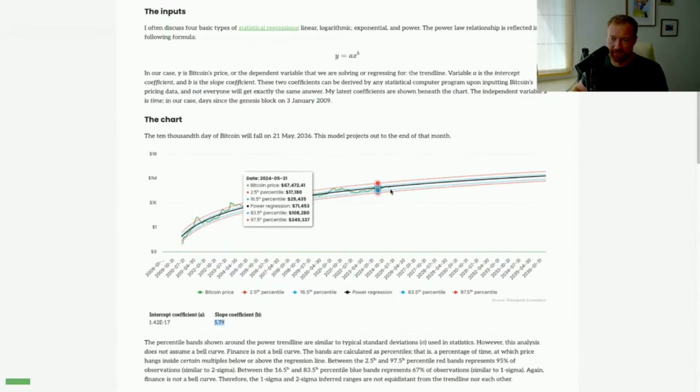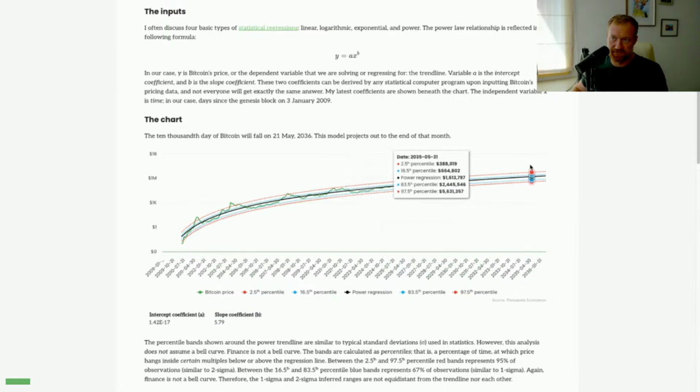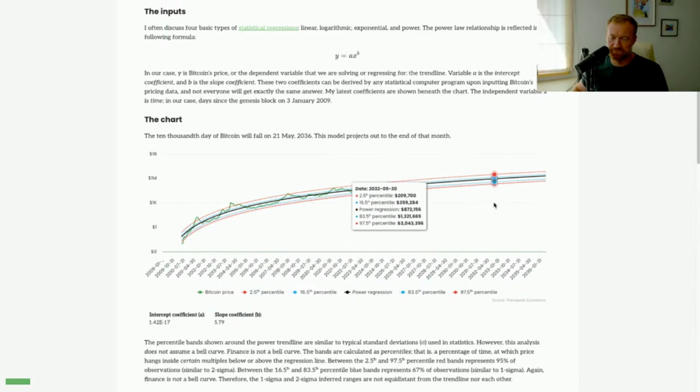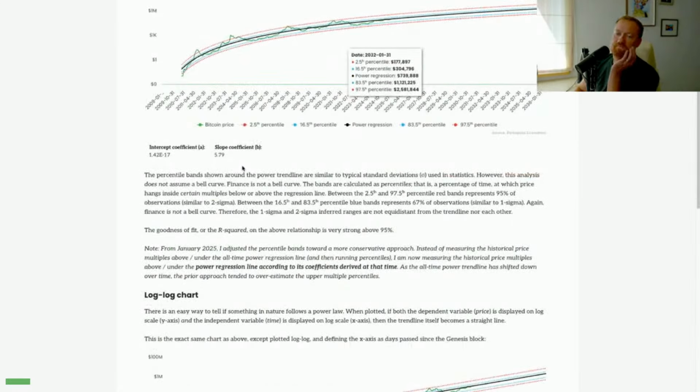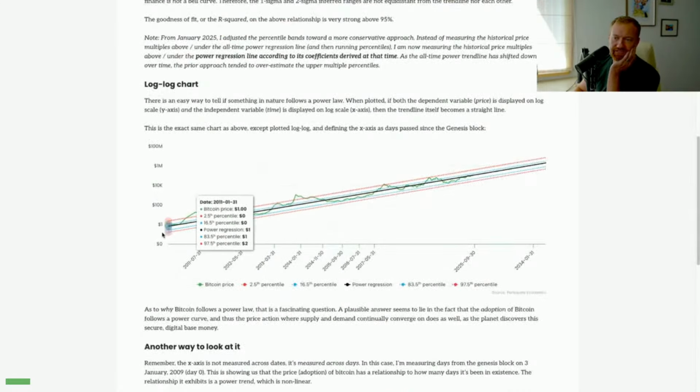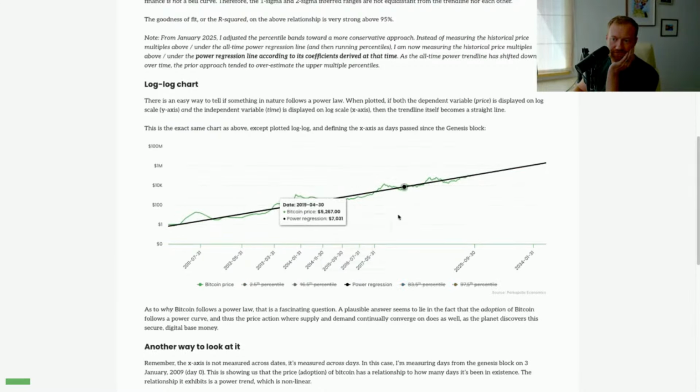Got the power curve. It's monthly frequency. You can see everything. You can see the percentiles, which I want to get into the 10th percentiles. You can see my coefficients. You can see it on log, which is the beautiful thing. This is when you can really see how strong the power curve is. Just a straight line on log.